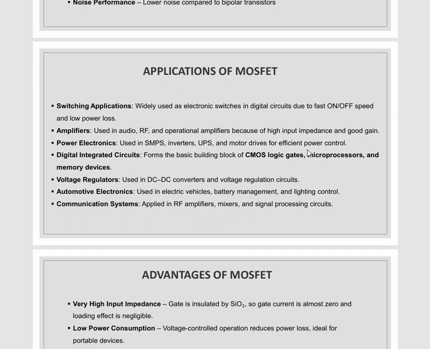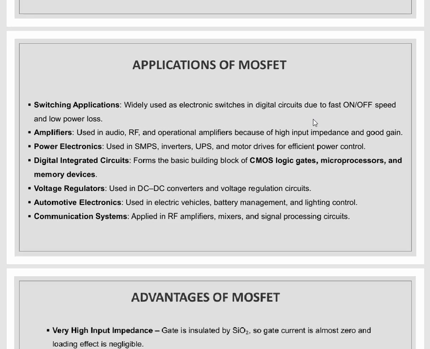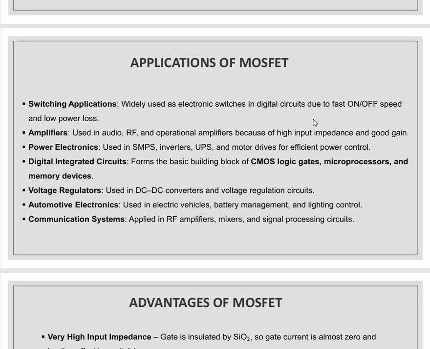Here we will discuss the applications of MOSFET. Switching applications: widely used as electronic switches in digital circuits due to fast on or off speed and low power loss. Second is amplifiers, used in audio, RF, and operational amplifiers because of high input impedance and good gain.